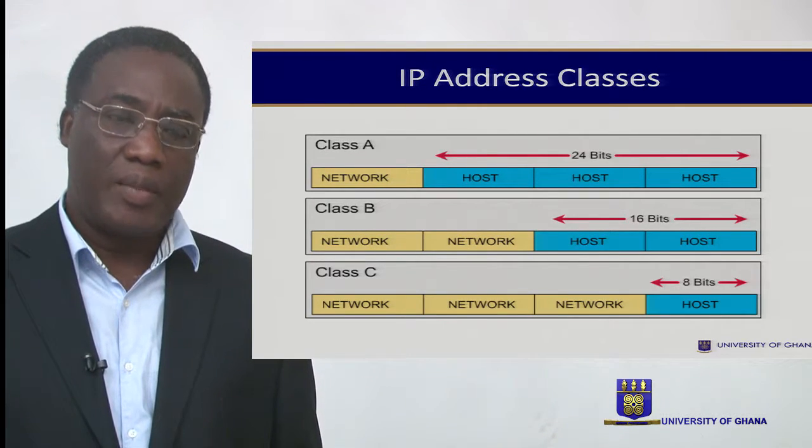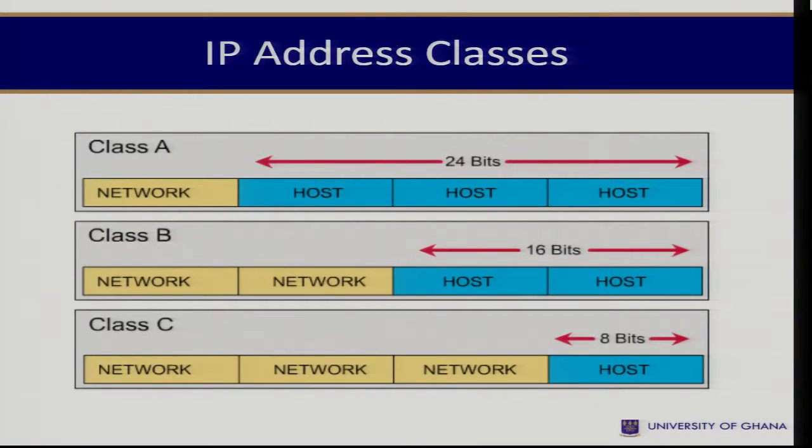So this diagram here shows you diagrammatically what we have been talking about. In class A, the first 8 bits are for the network, then the rest, 24 bits, are for the host. Class B, 16 for the network, 16 for the host. Class C, 24 for the network, and 8 bits for the host.